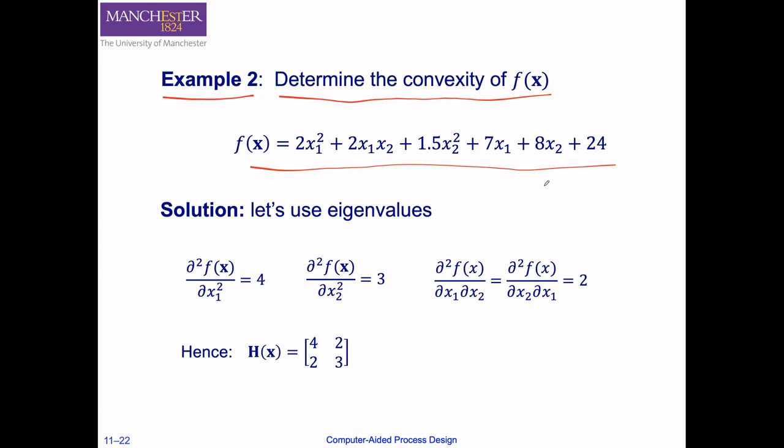First, we also need to obtain the Hessian matrix. We first calculate the partial derivative of f(x) with respect to each variable. That is, the partial derivative with respect to x1 is equal to 4 times x1 plus 2x2 plus 7.